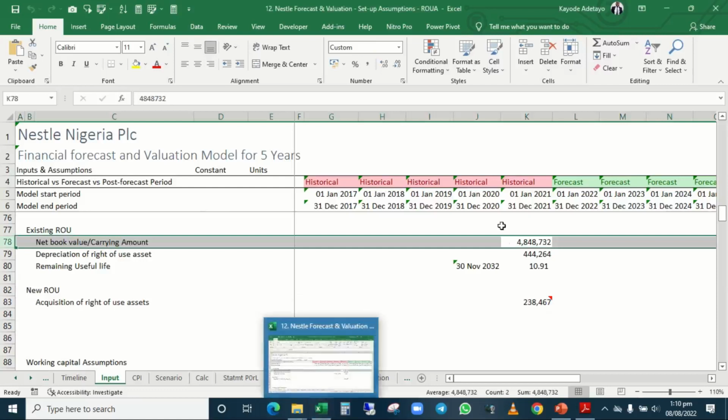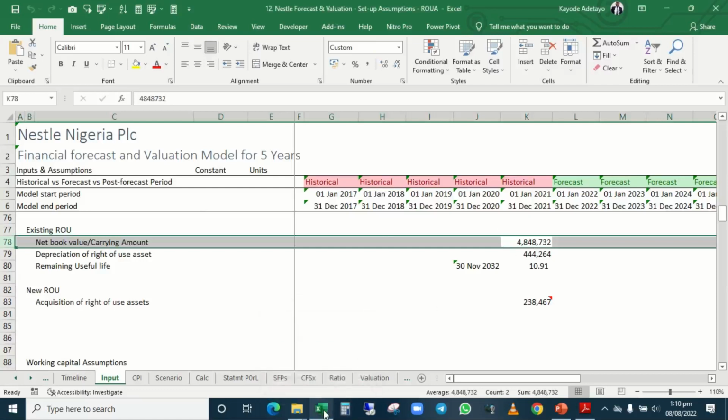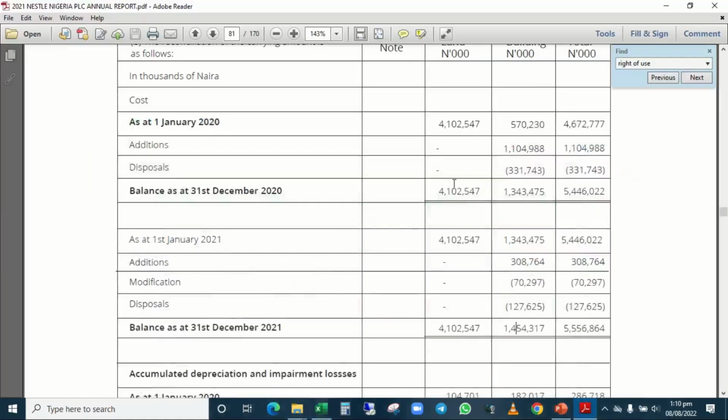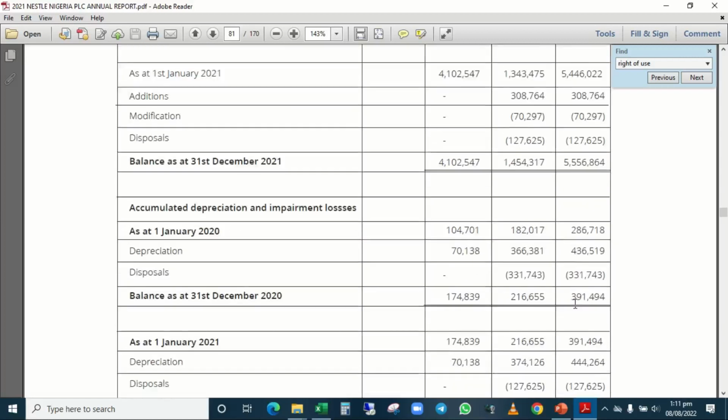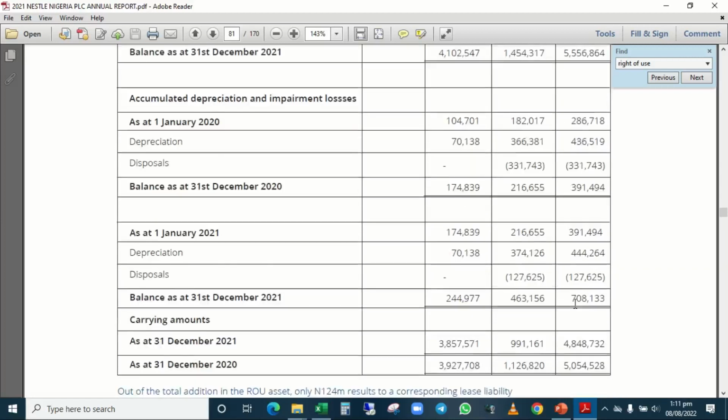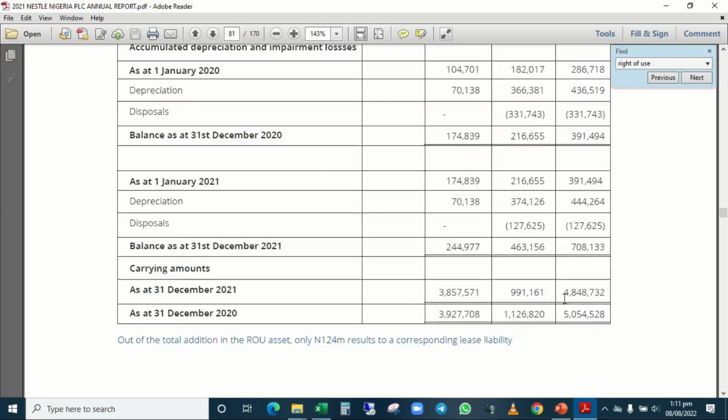So that is the 2021 balance of right of use. Okay, so I guess there are some deductions here and there. Let's see towards the ending part. Okay, so this is the value.